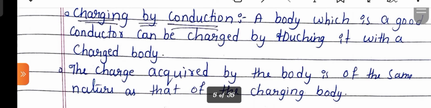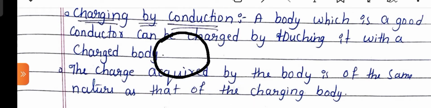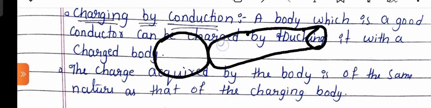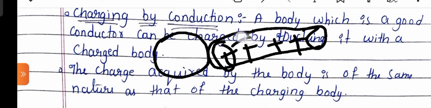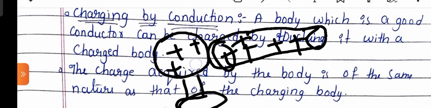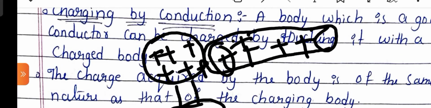And the next one is charging by conduction. Here, we have to consider a good conductor, and we just have to touch the good conductor with a charged body, whether positively charged or negatively charged. This process we call charging by conduction, and the charge acquired by the conductor is of the same nature as the charged body.